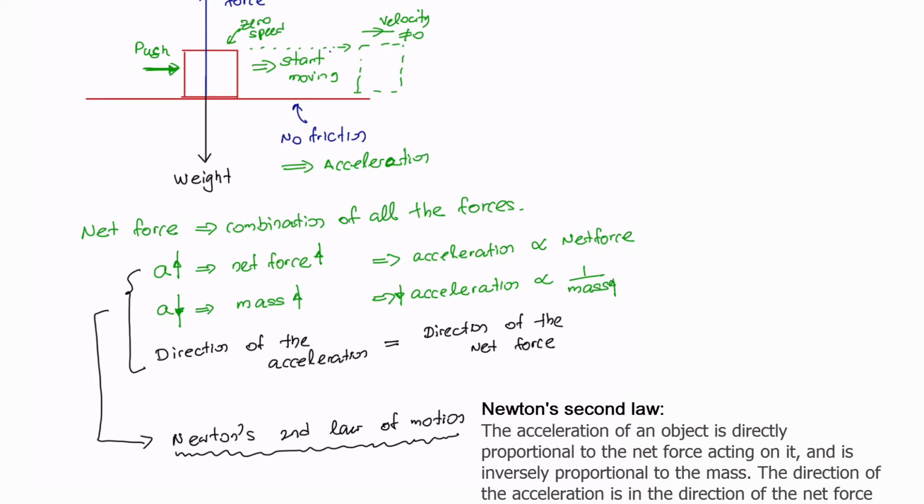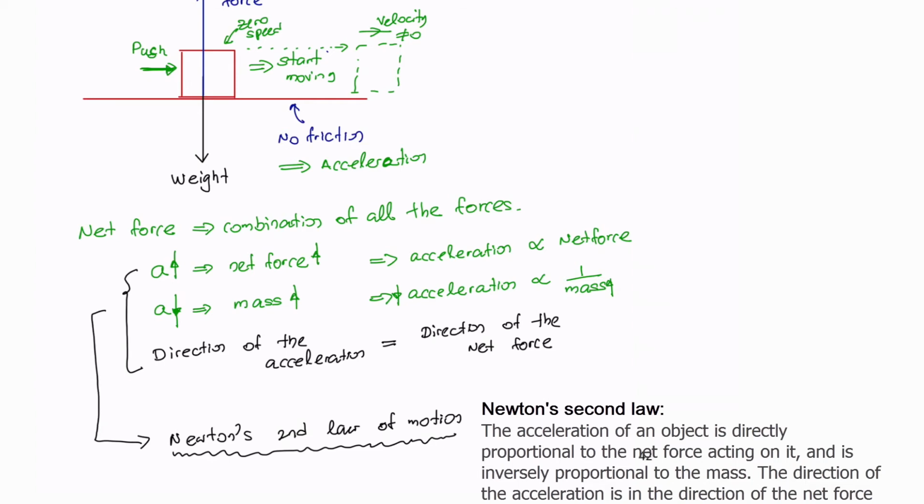Now we can write an equation for Newton's second law. The acceleration I am going to make as a, and the net force I'm going to give a symbol like sigma F, which is the sum of the forces, net force. And then the mass I'm going to give the symbol m.